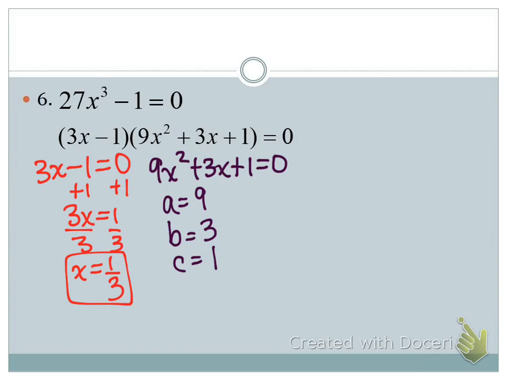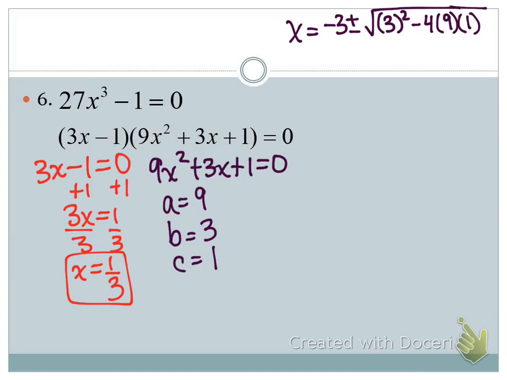Okay. I wonder if I start all the way up at the top, if I'll be able to fit it all in this time. x equals the opposite of B, negative 3, plus or minus the square root of B squared, so 3 squared, minus 4 times 9 times 1.